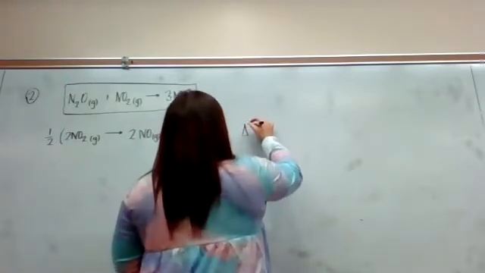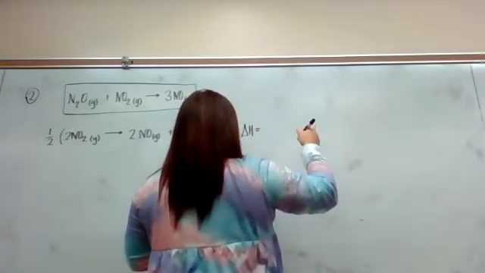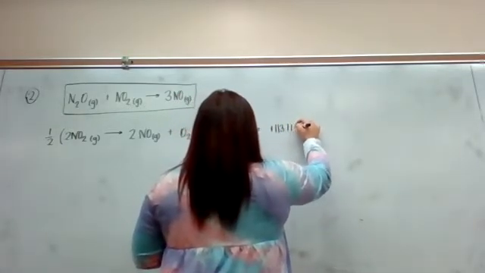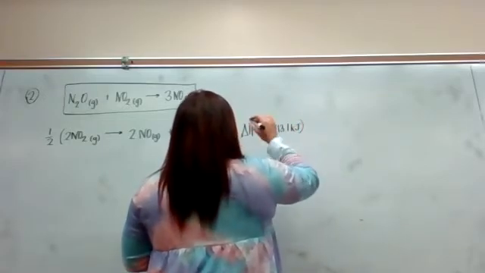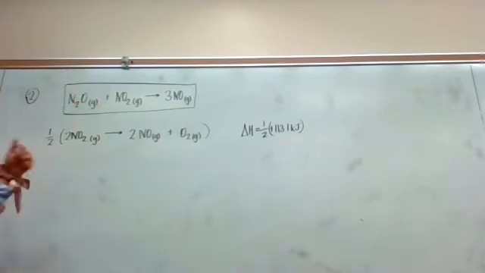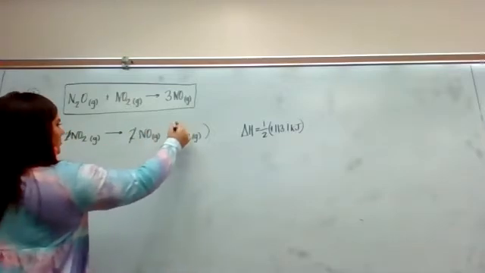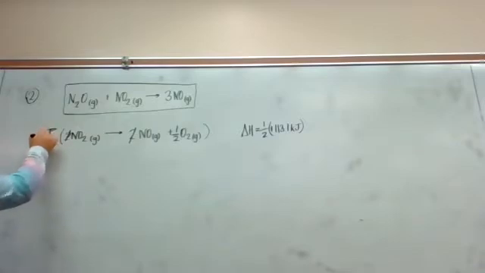Right, so for my delta H of that reaction, since I reversed it, I changed the sign, so it becomes a positive 113.1 kilojoules. Then I multiply it by 1/2, because that's what I multiplied the equation by. Okay, so this 1/2 cancels this 2, and it puts a 1/2 in front of my oxygen.